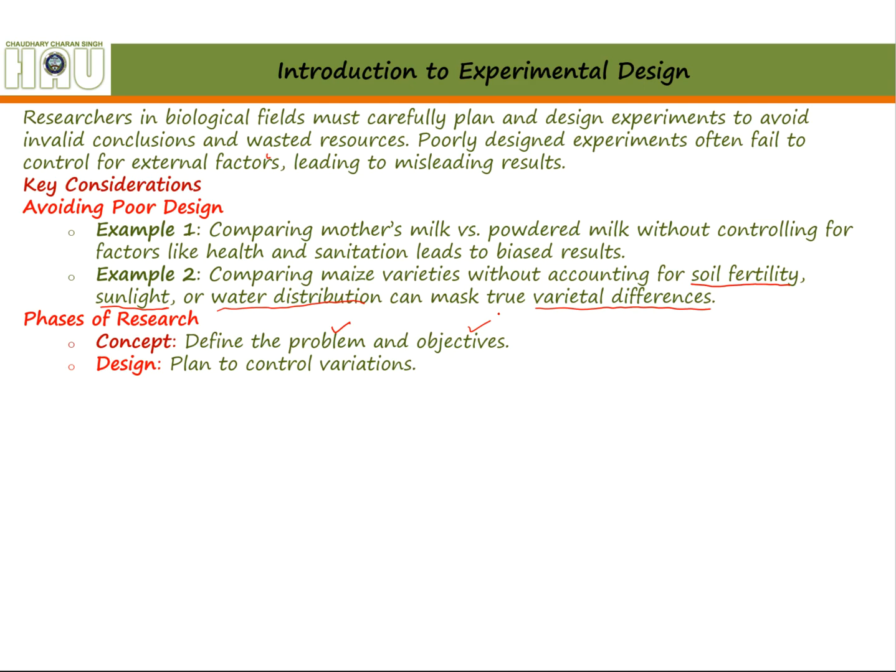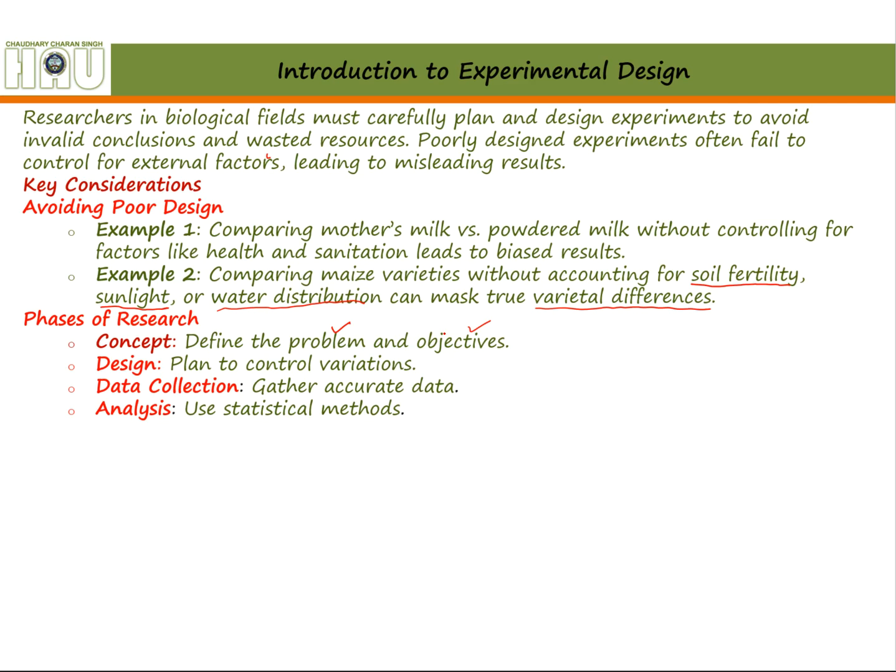Third one is data collection. Be sure that whatever data is generated from the experiment is collected accurately. The next important step is analysis. Use a proper statistical method which will answer your objectives and your hypotheses.